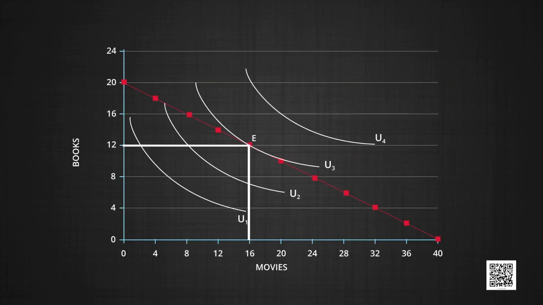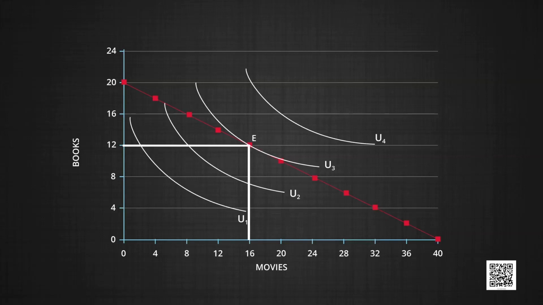At E, his utility is maximum given his income and given the prices of the movies and books. The consumer can do no better than this and has no incentive to change unless prices change or his income changes. At E, the slope of the budget line equals the slope of the indifference curves.